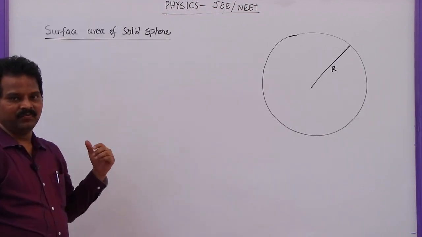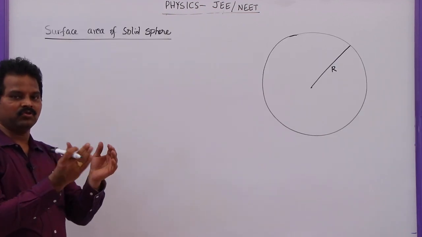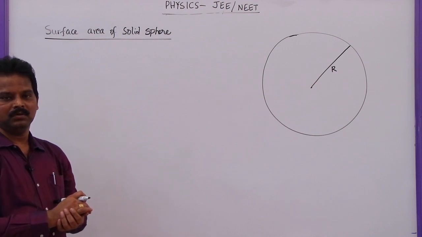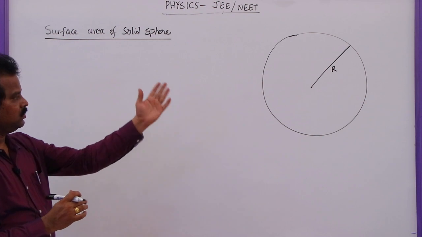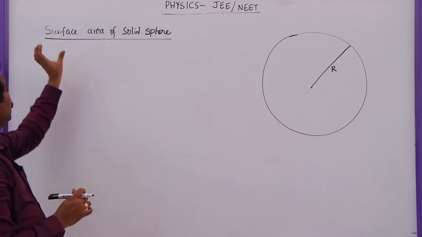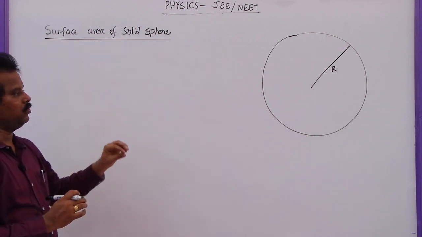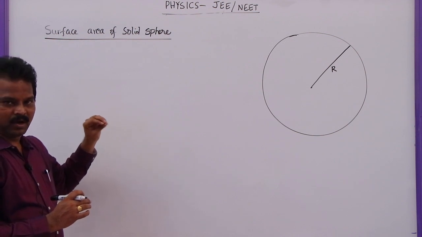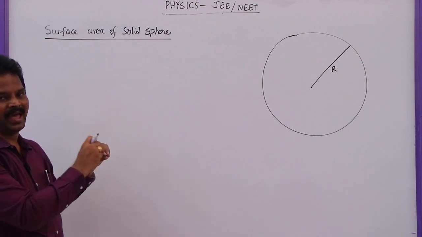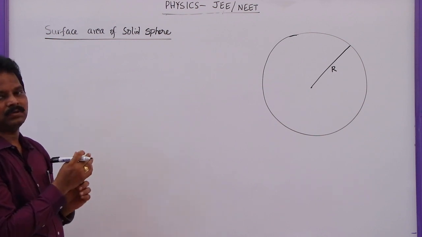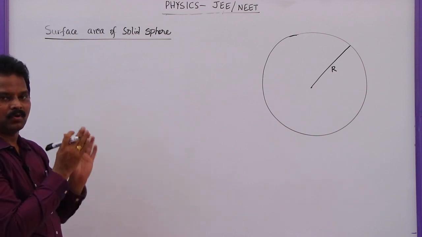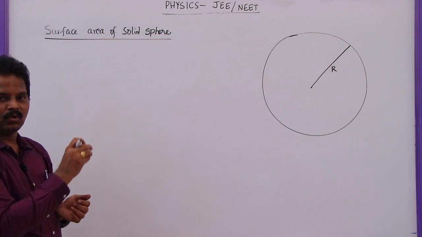Here sometimes we need to find some portion of the surface area of a sphere. Now this is a sphere of radius r. Here, for the surface area of a sphere, I am going to give a direct formula. By substituting the angles, we can find the surface area of a complete sphere, a hemisphere, a quarter sphere, or a small angle portion.